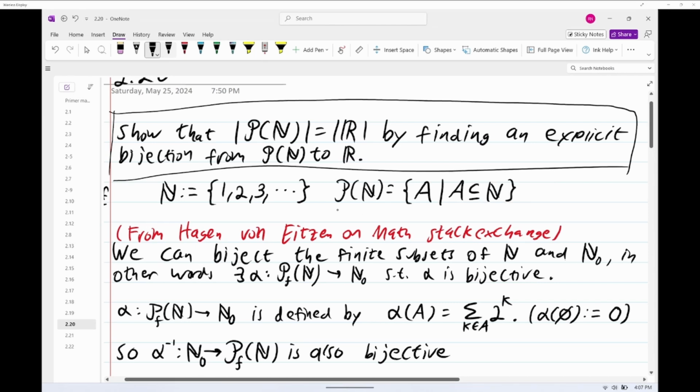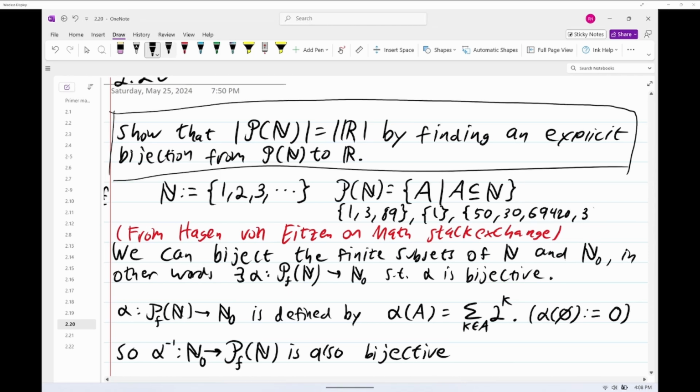So stuff like the set containing 1, 3, and 89, and the set containing not 0, 1, and the set containing 50 and 30 and 69, 420 and 3, every subset of natural numbers. Okay.